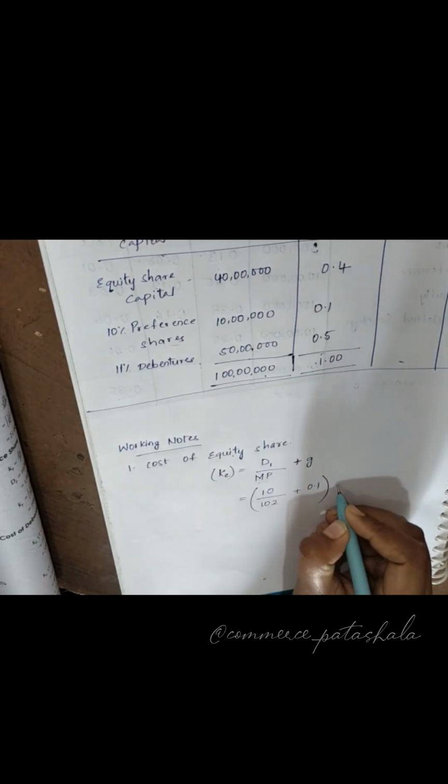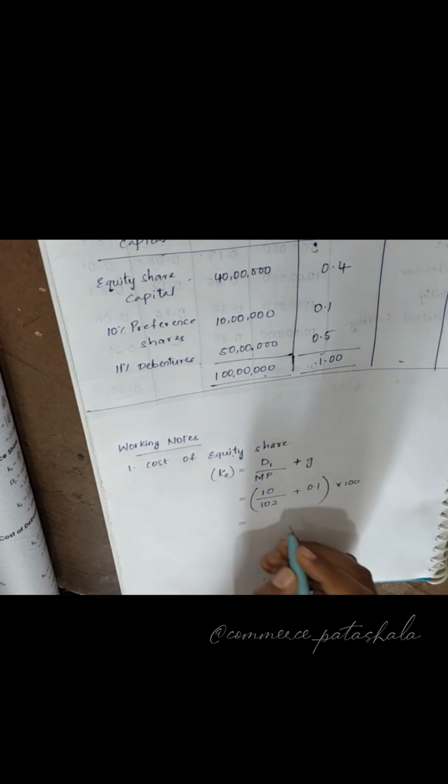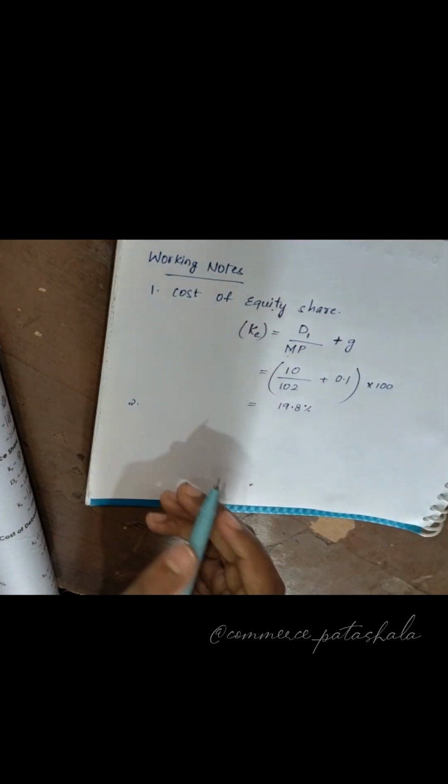Overall I want it in the form of percentage, so I'm multiplying it with 100. So just calculate 10 by 102 plus 0.1, multiply it with 100, you'll get 19.8 percentage as the cost of equity share. Now let's find out the cost of preference share.